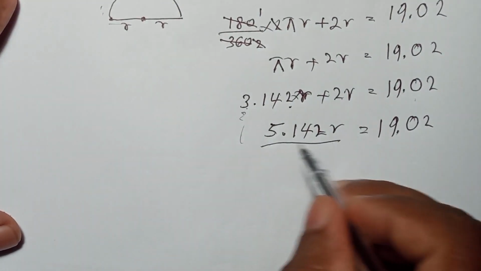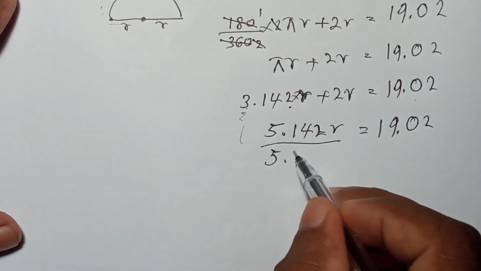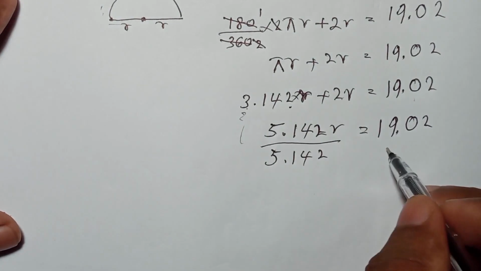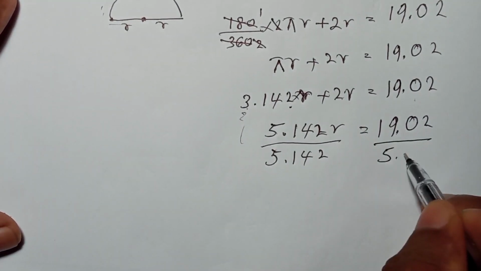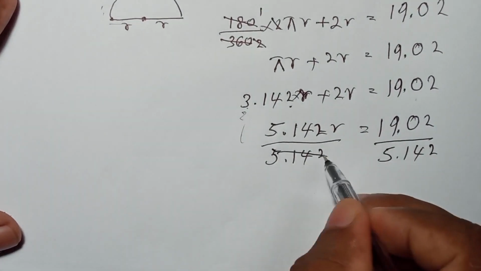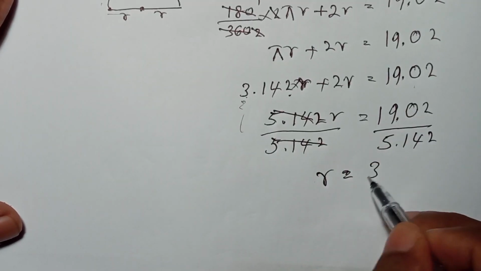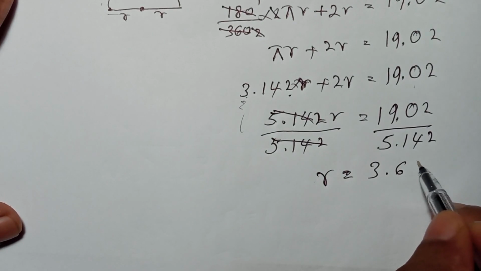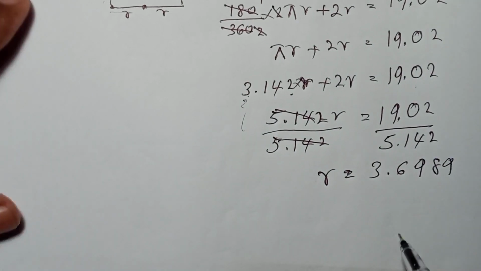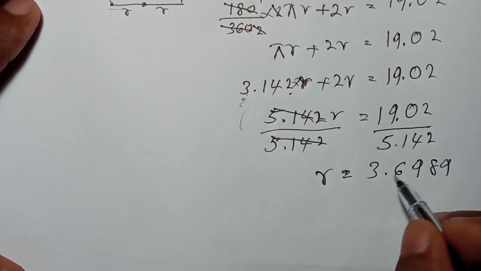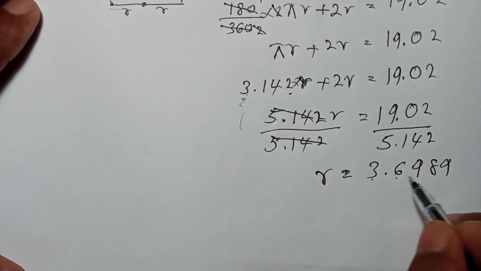Divide both sides by this value, 5.142. To remove this, you should divide both sides by that value. So here divide by 5.142. Then you will get r as 3.6989. They ask to find it to 3 significant figures, so you can write here first significant figure, here second, here third.